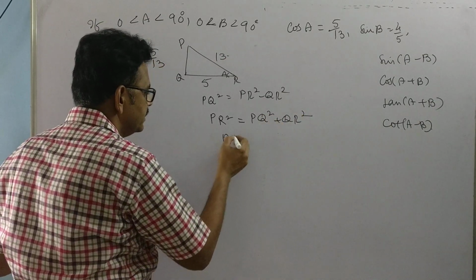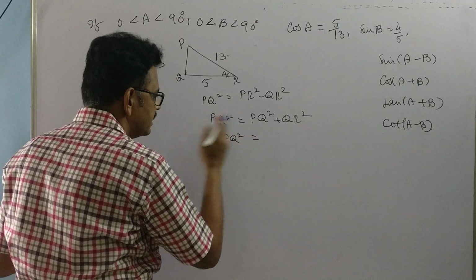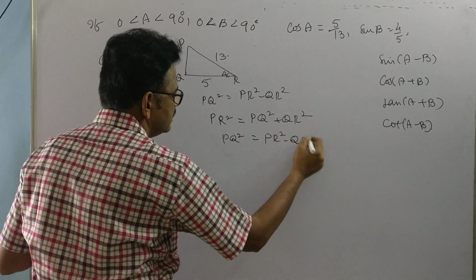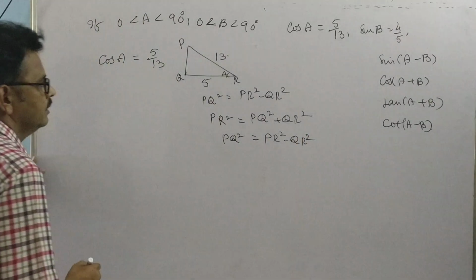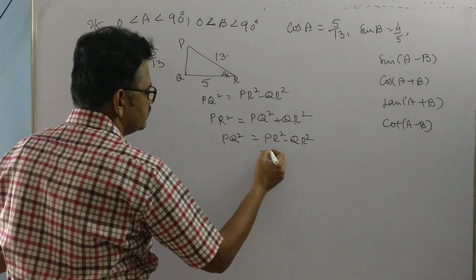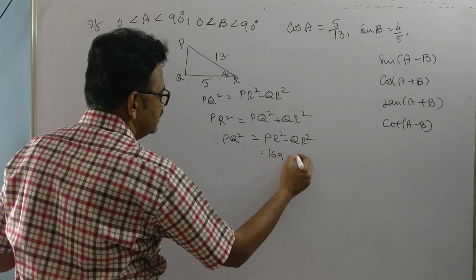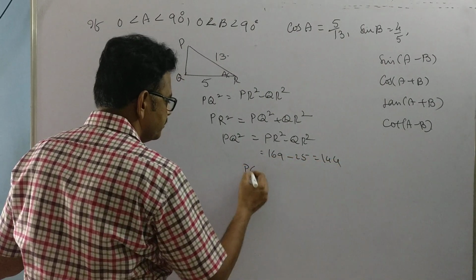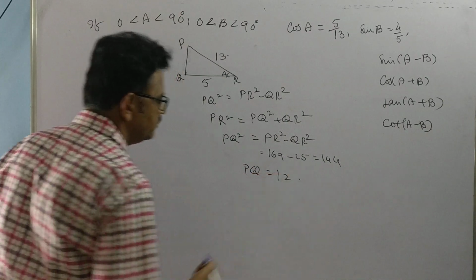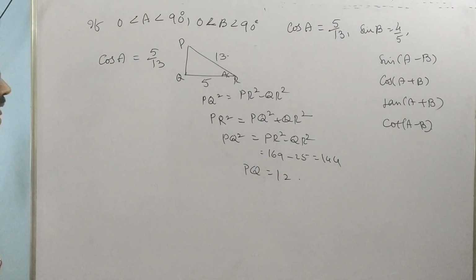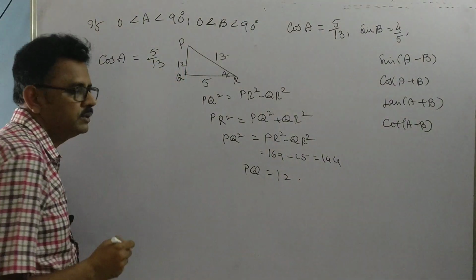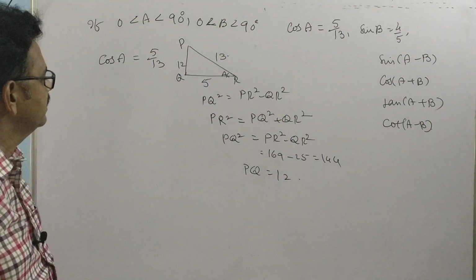From this, PQ square is equal to PR square minus QR square. PR square is 13 square, 169, minus 25, 144. Therefore PQ is equal to root of 144, which is 12.